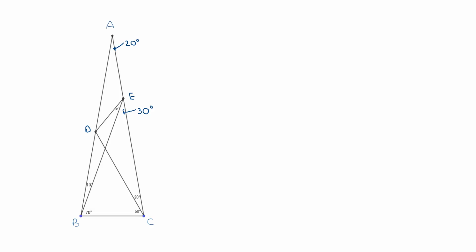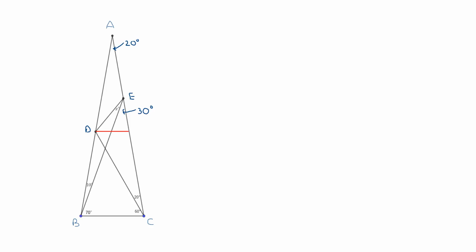Okay, so how are we going to solve for our angle x? The first thing I'm going to do is I'm actually going to construct another line, and I'm going to construct a straight line through D that's parallel to BC. And there it is.